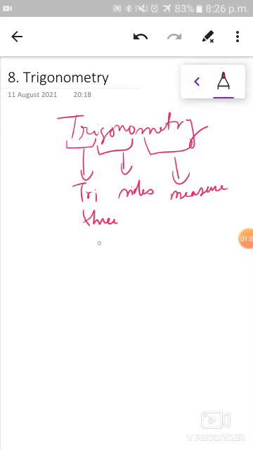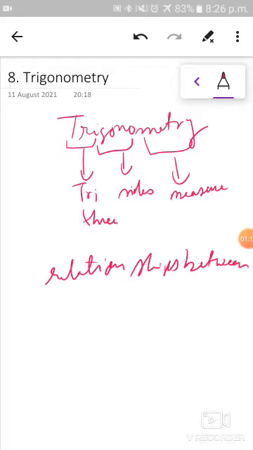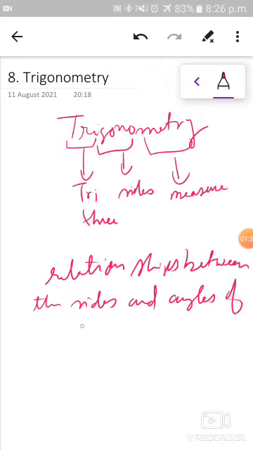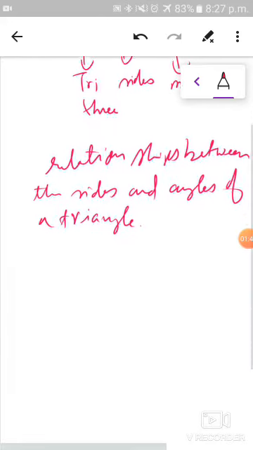So trigonometry is the branch of mathematics in which we study the relationship between the sides and angles of a triangle.